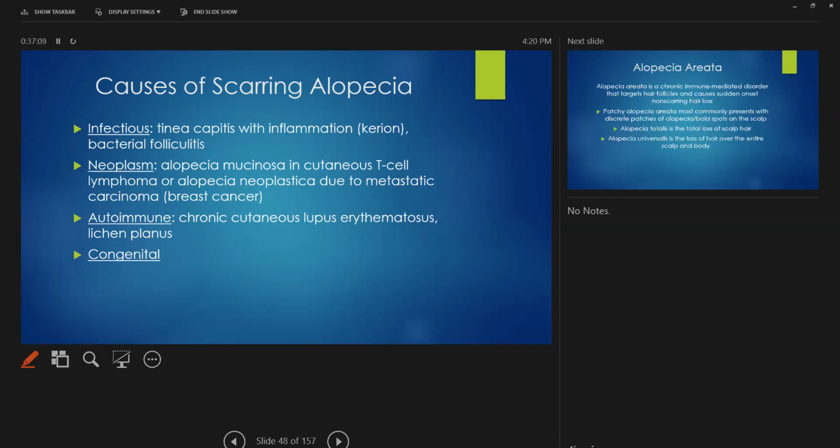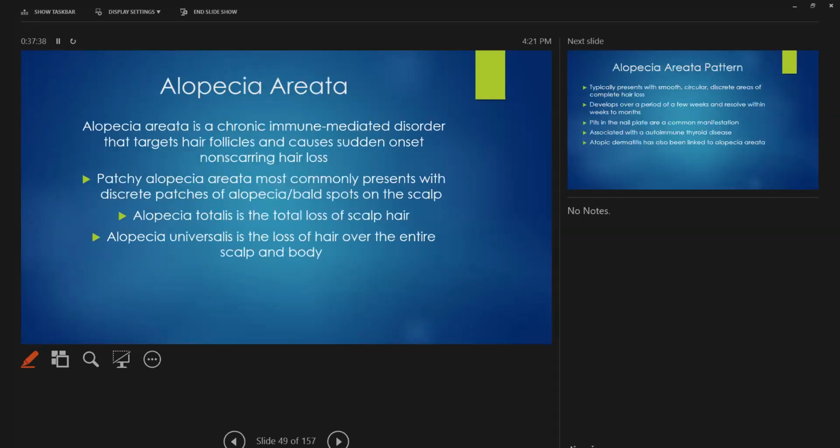Alopecia mucinosa in cutaneous T-cell lymphoma, or alopecia neoplastica due to metastatic carcinoma due to breast cancer. There's autoimmune causes for scarring alopecia, which is chronic cutaneous lupus erythematosus and lichen planus. And you can also have congenital scarring alopecia.